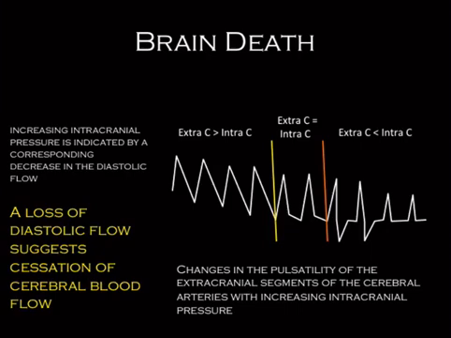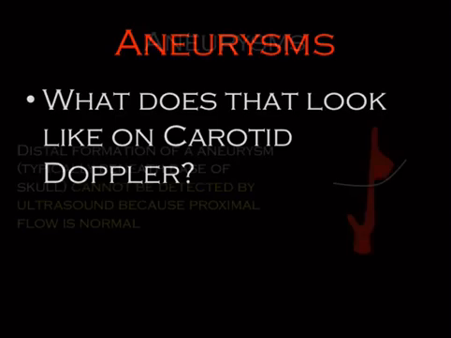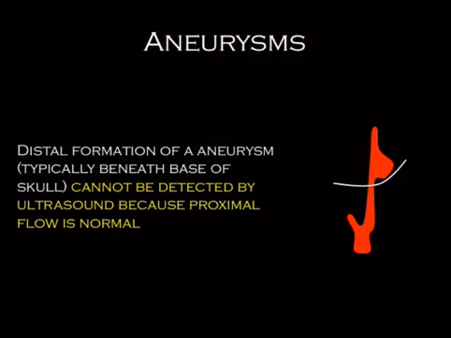High resistance waveform in the internal carotid means something terrible has happened. What about aneurysms? Can you tell what's the velocity changes in the waveform when you've got an intracranial aneurysm, like a Berry aneurysm? You can't tell. There's no difference. So if you would be asked that, there's no way to tell the difference. You can't detect aneurysms in the brain with carotid Doppler.